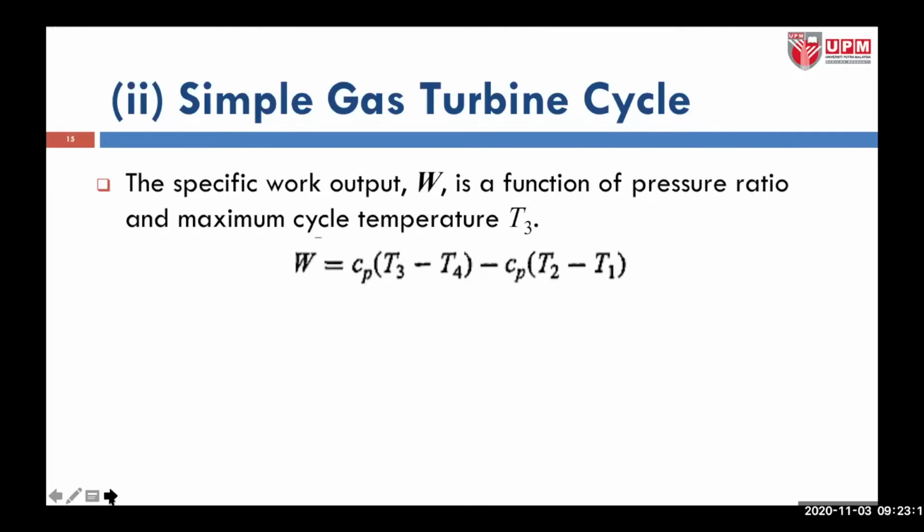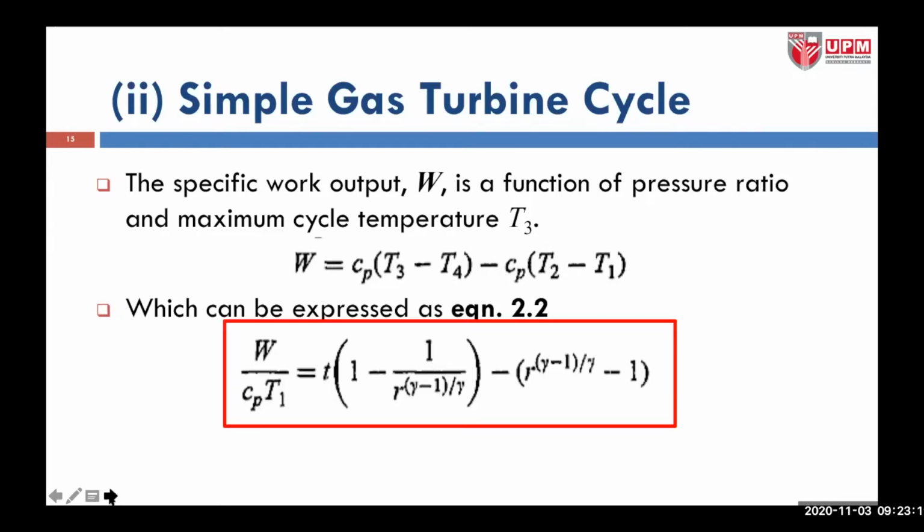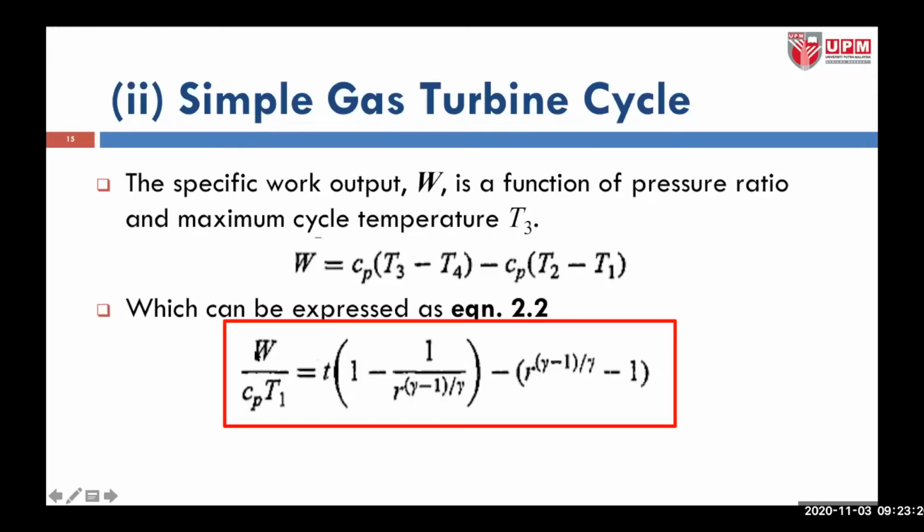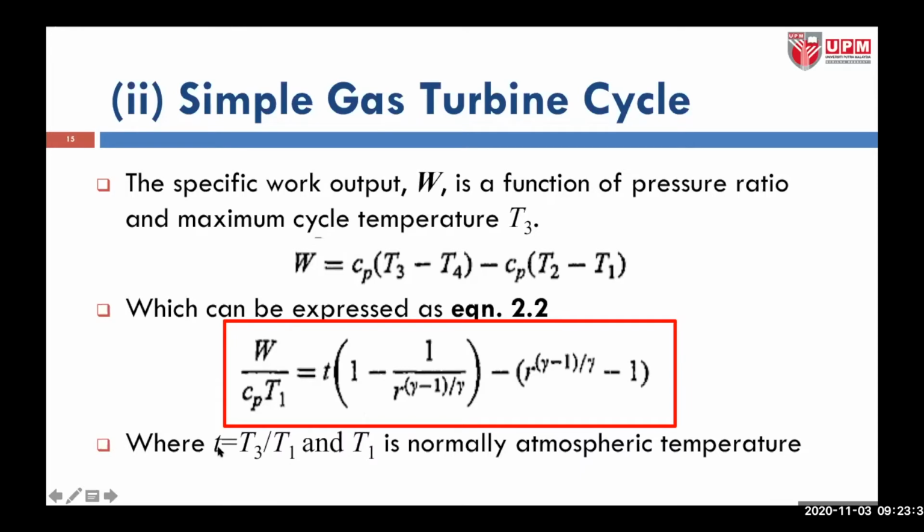We write down the expression for the specific work output, which is also expressed as equation 2.2, in terms of the other components, where the small t is not time.